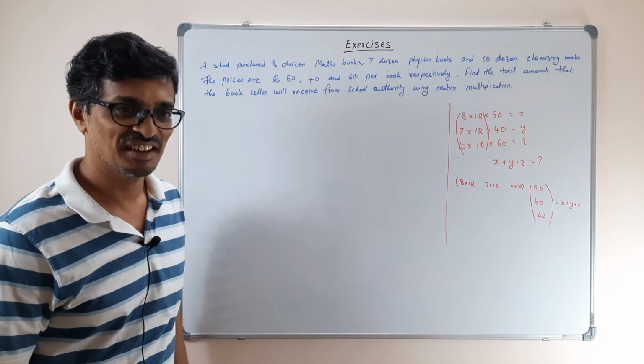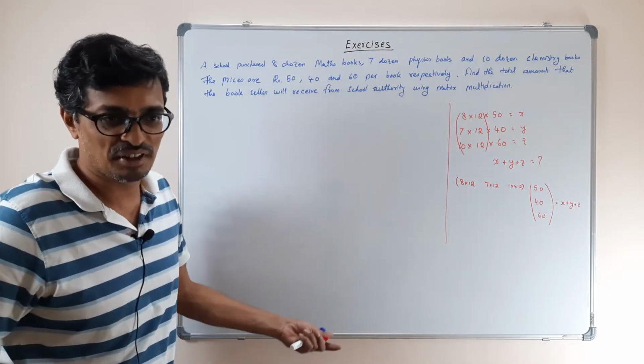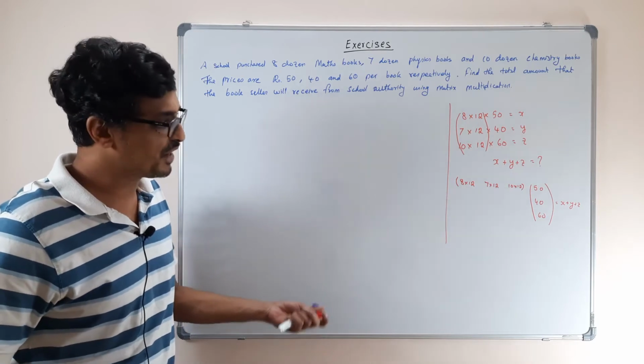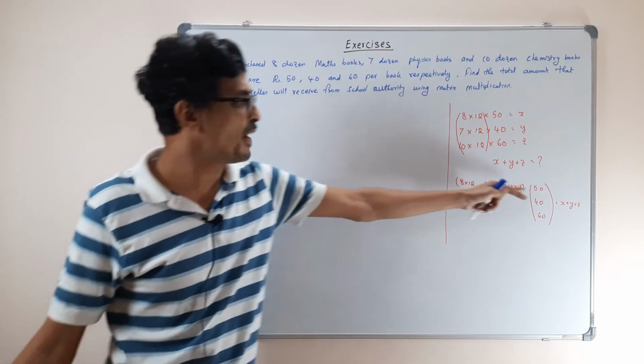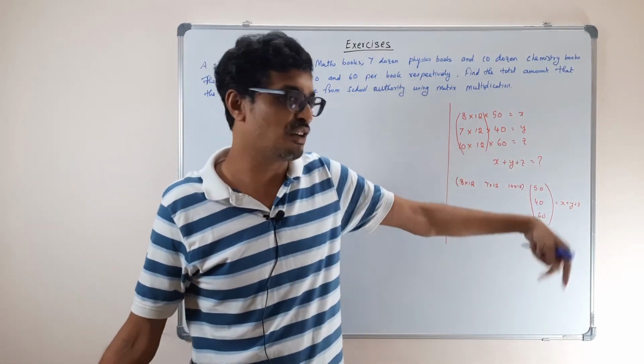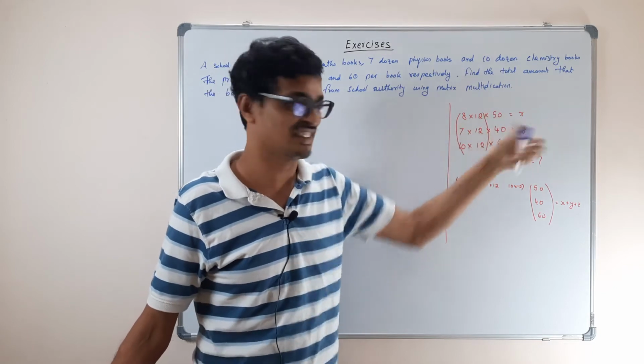Correct? We got a total number. So that's what you have to construct, the matrix. Because we know the single number we want, right? When you multiply a row matrix with a column matrix, you are going to get a single number. So you have to just try to construct this one.